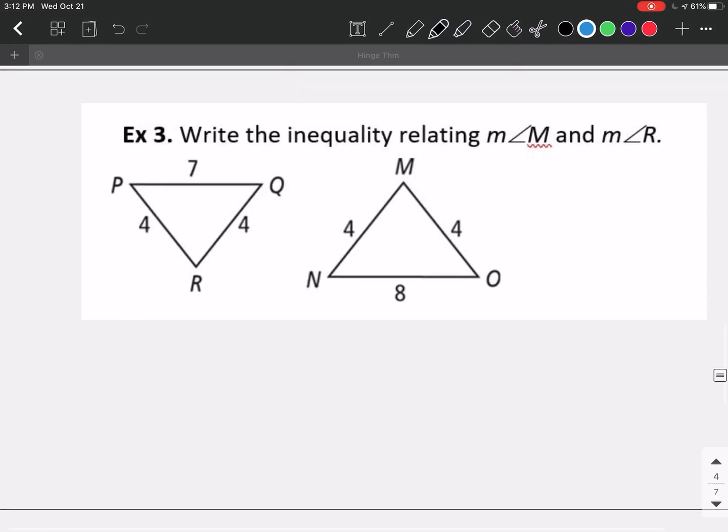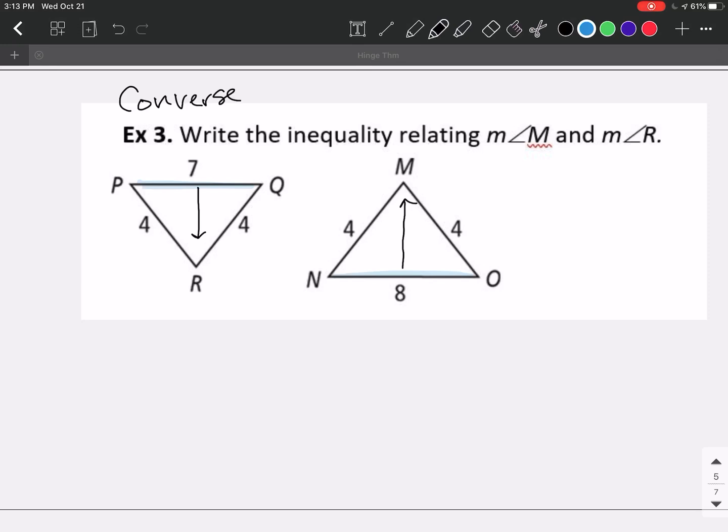And so now this is where that converse definition would come in, because now if we notice, we don't have any angles, but I do have two sides marked. I have PQ, I have NO. So I'm looking at the angle that's going to be across.